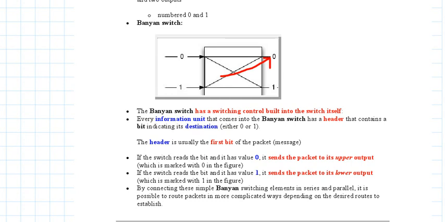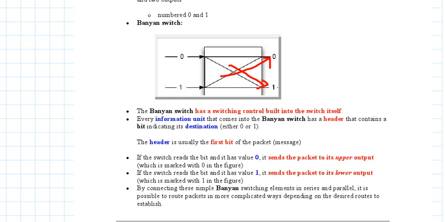Now if the first bit of the packet has 1, then it is routed towards the second output port, that is 1.